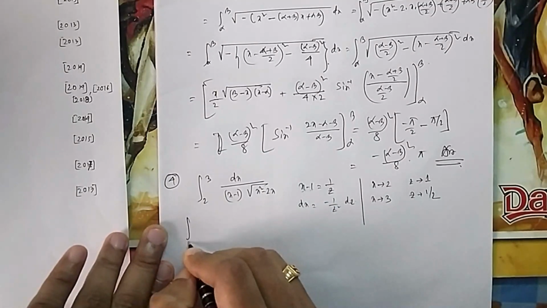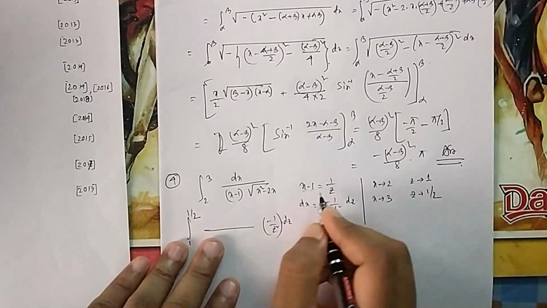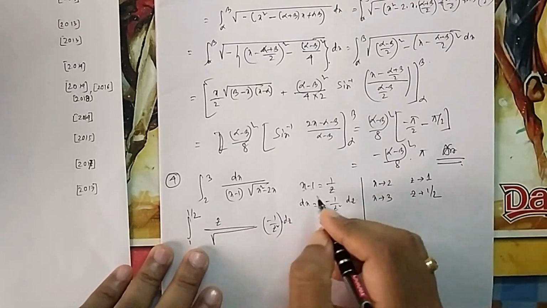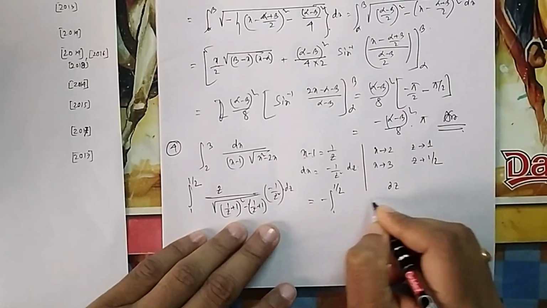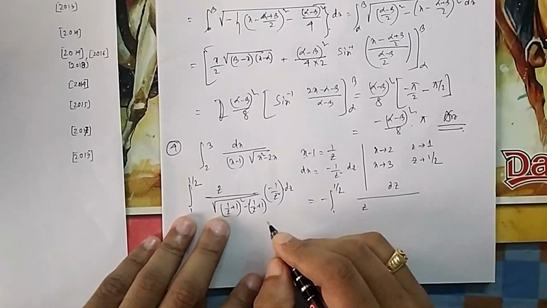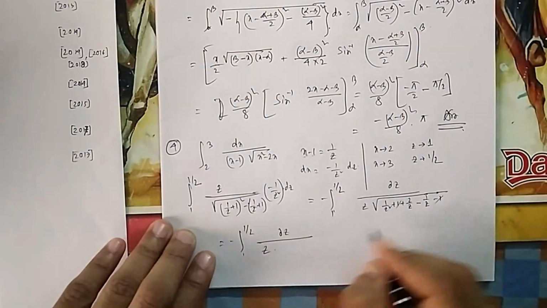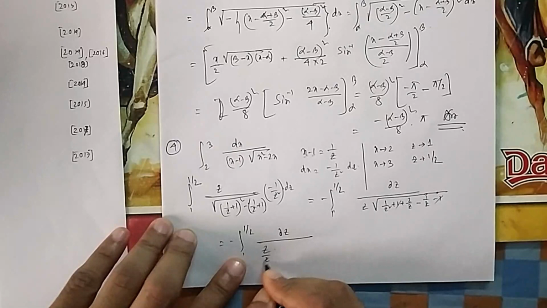So the limit will change from 1 to 1 by 2, and it will be minus 1 by z square into dz, and x minus 1 is 1 by z, so z will go there, and instead of x you have to put 1 by z plus 1. So this z will get cancelled. If you take LCM here, this will get cancelled. Ultimately, taking z square as LCM, this z square will give you 1 by z, that z will get cancelled out with this one.